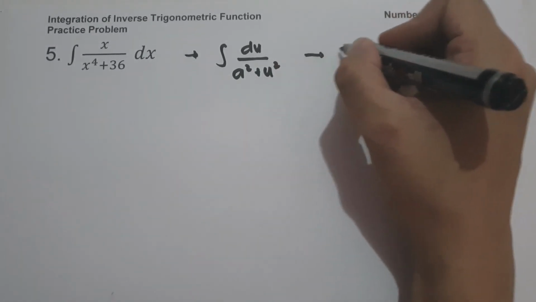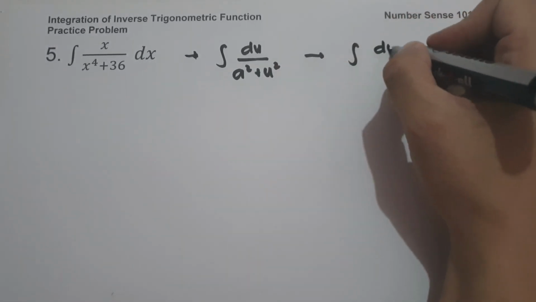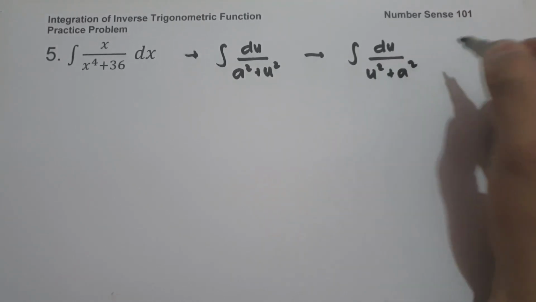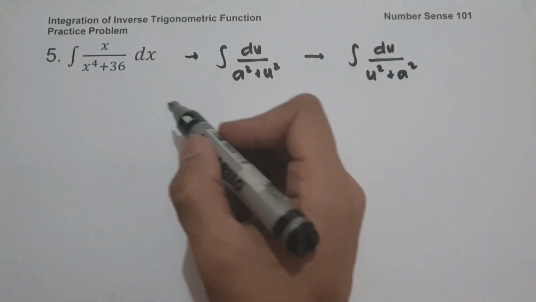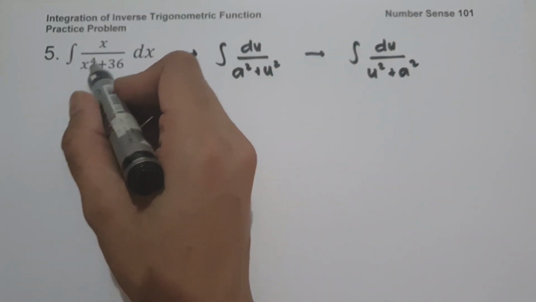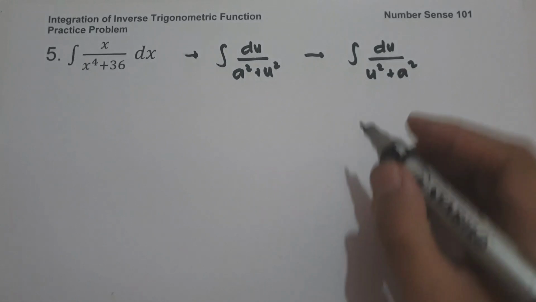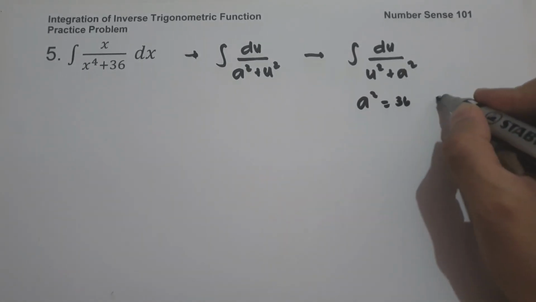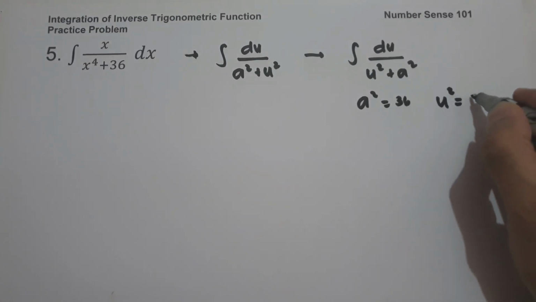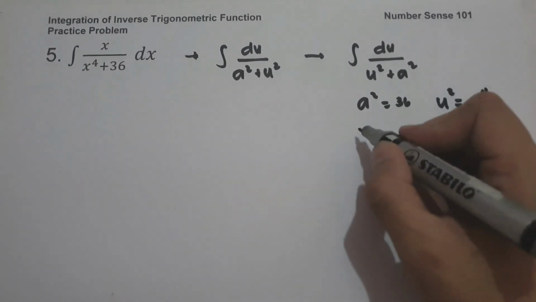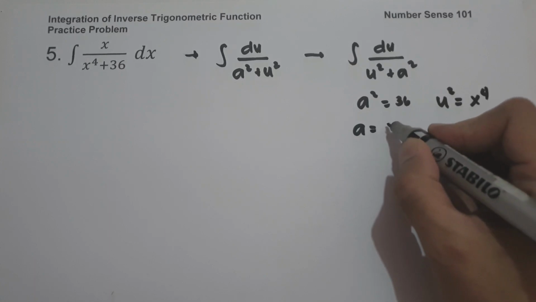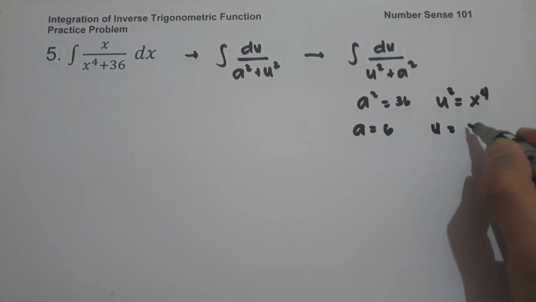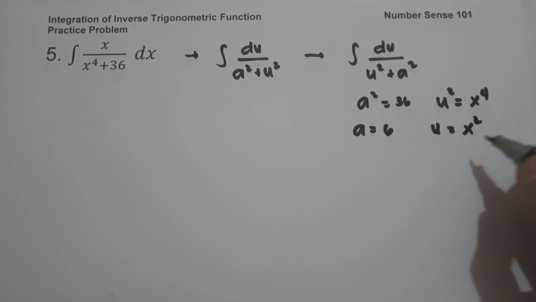But I'm going to write this one as the antiderivative of du over u squared plus a squared, because I'm going to set the value of u as x raised to 4 to eliminate the variable x. So the value of a squared, that is 36, and u squared, that is x raised to 4. And the value of a, that is the square root of 36, that is 6. And the value of u will be the square root of x raised to 4, that is x squared.